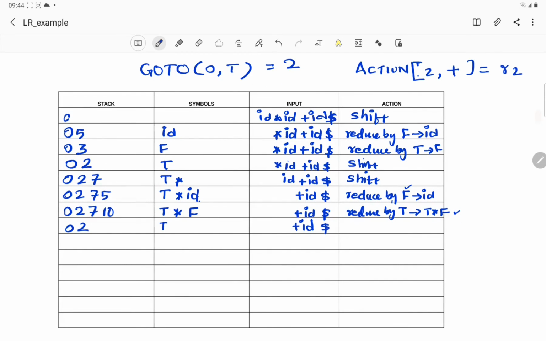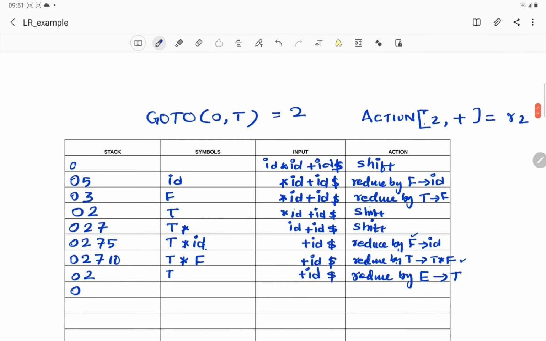That is R2, reduced by E gives T. So here the length of the right hand side is 1. So pop off one state from the stack, and stack top will become 0, and we have to consider go to, that is go to 0 comma E. E means the head of our production.